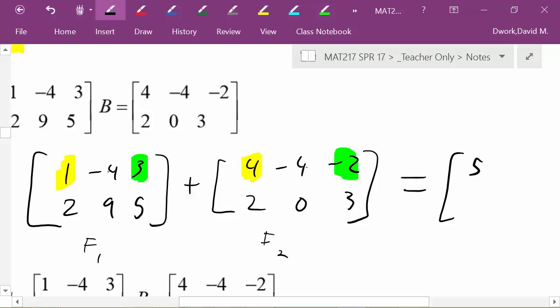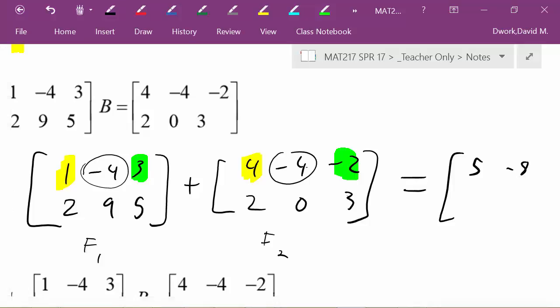So between my first franchise and my next franchise, in row 1, column 2, I have a -4. Row 1, column 2, another -4. So if I'm adding those together, -4 plus -4 makes -8. So between the two franchises, I now have a total of -8.